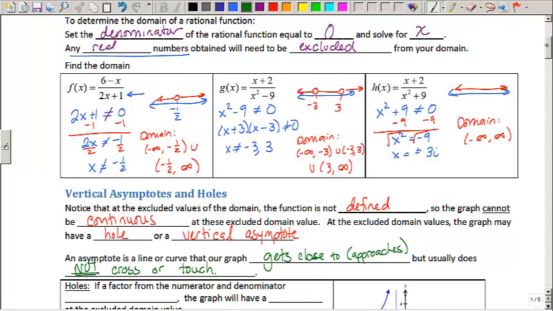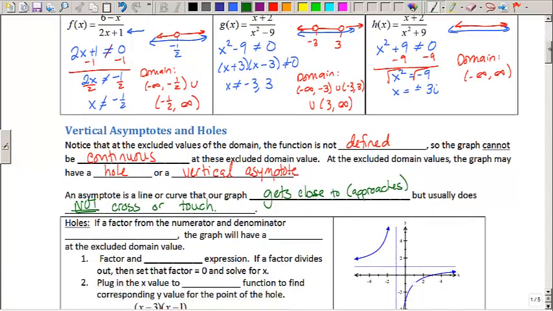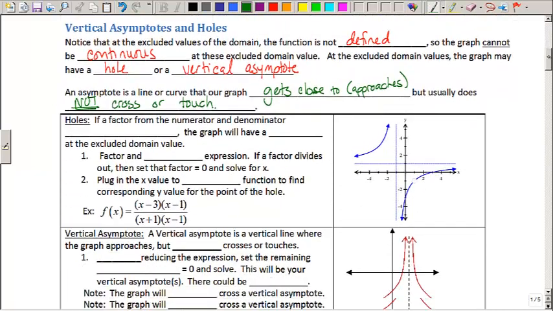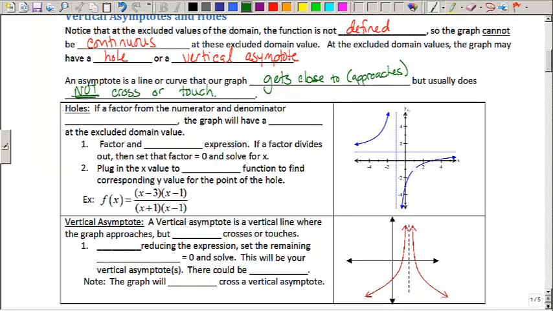Let's give you a visual example of that real quick. We'll be talking about holes and asymptotes, but if you just look at these two pictures that I've given you over here, notice that there's a line right here. That line is not part of the graph, it's an asymptote. Notice that the graph gets really, really close to the line, but it won't ever touch it.